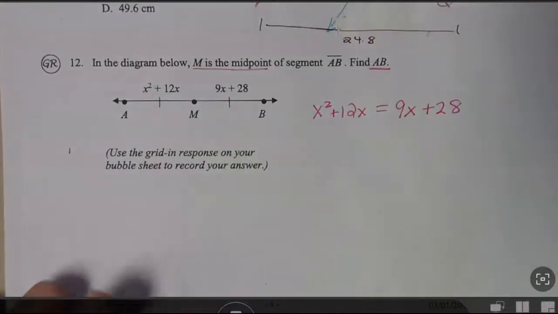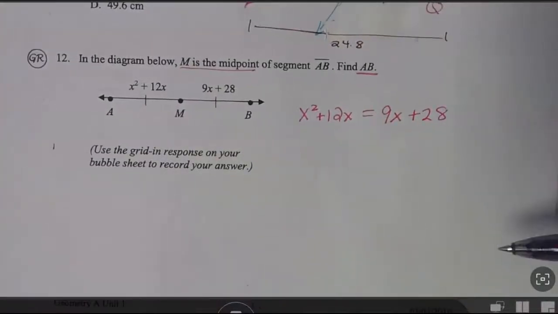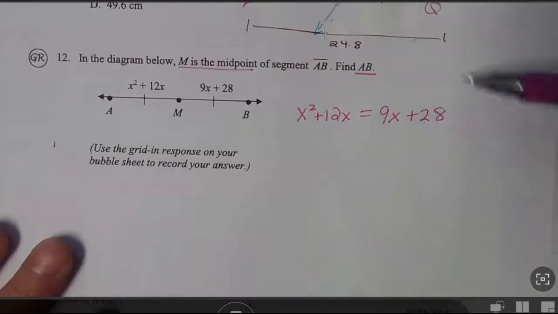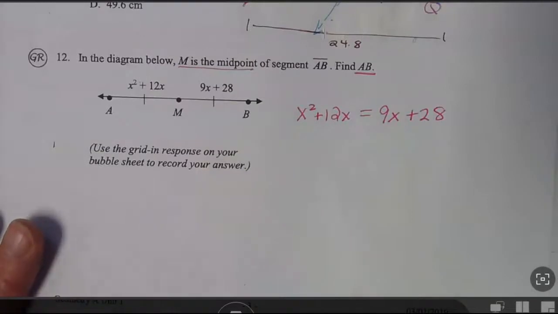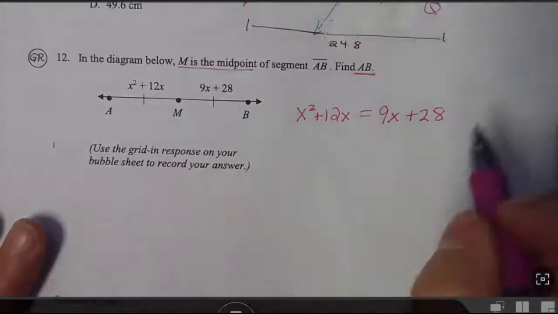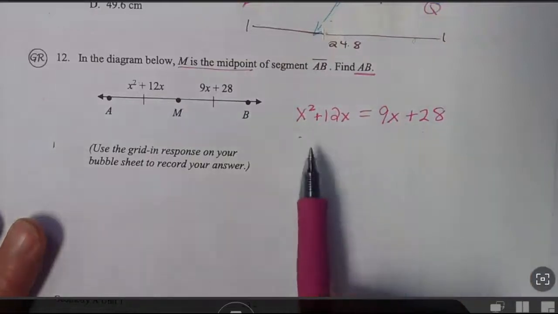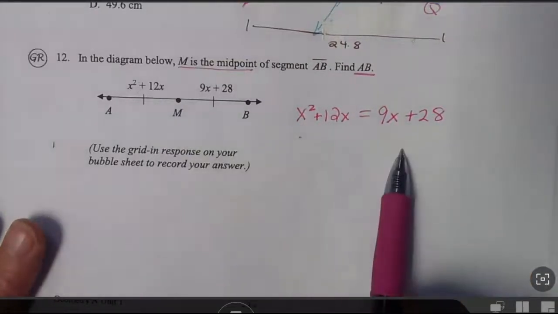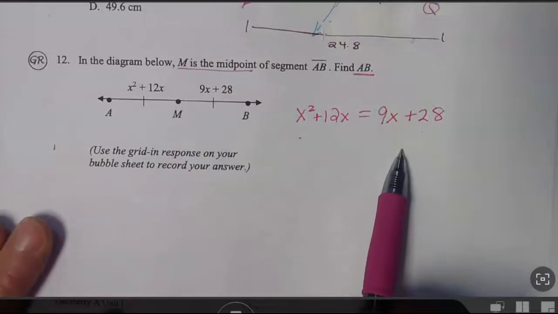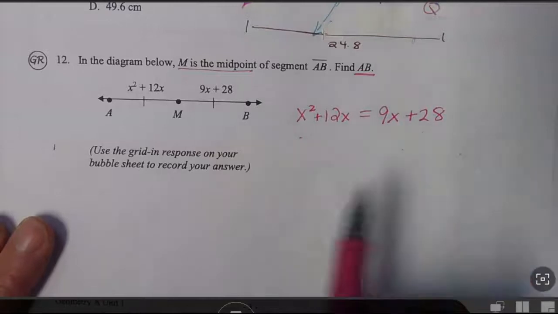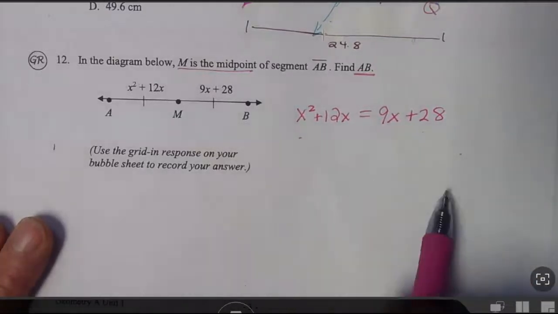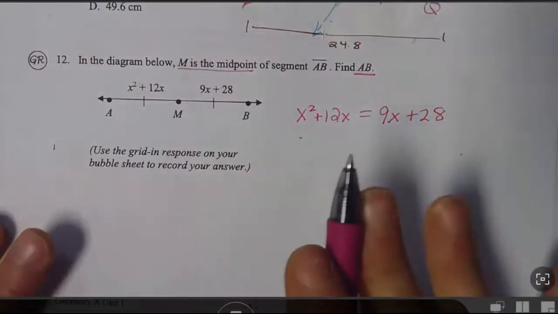Now remember, these are the ones that's why we practiced the factoring. We are going to have to move everything to the other side, and factor out a trinomial at one point. So we take this 9x to the other side and this 28 to the other side, and we should be with 3 terms. Then we use our zero property where we set it equal to 0, find the 2 roots, and pick the one that's positive.